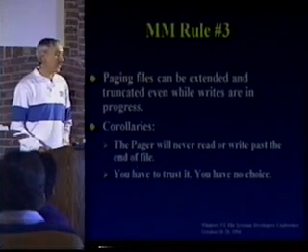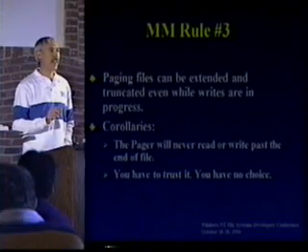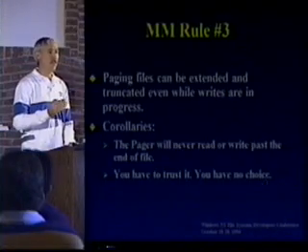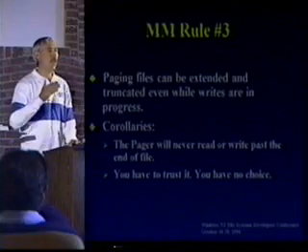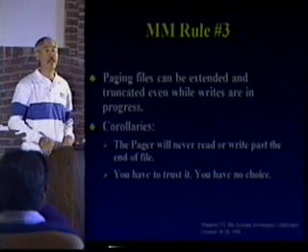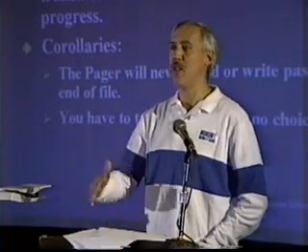Now the good news is the pager will never read or write past what it thinks is the end of the paging file. So let's say the paging file is 20 meg, we're extending it to 50 meg, we won't do any writes past that 20 meg until that call that extends it returns. So we won't say, oh, let's block all writes until it returns.